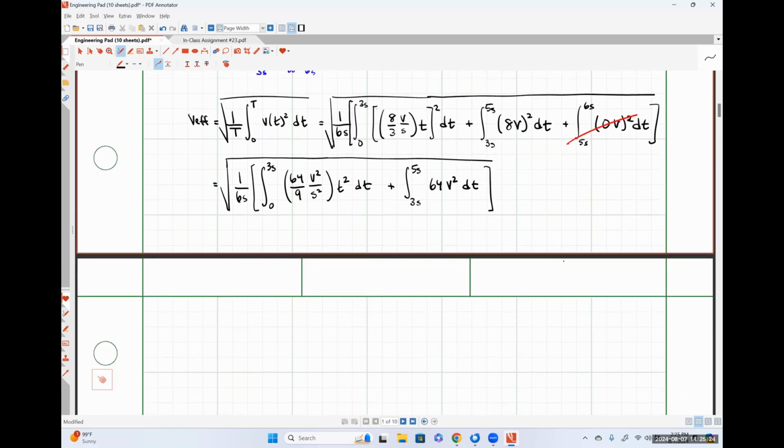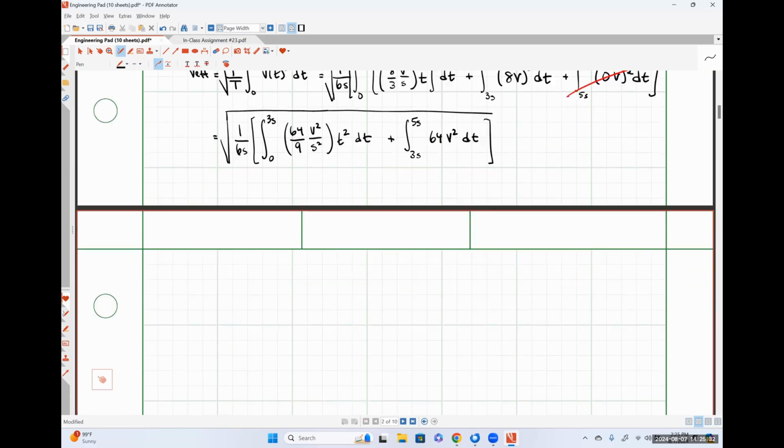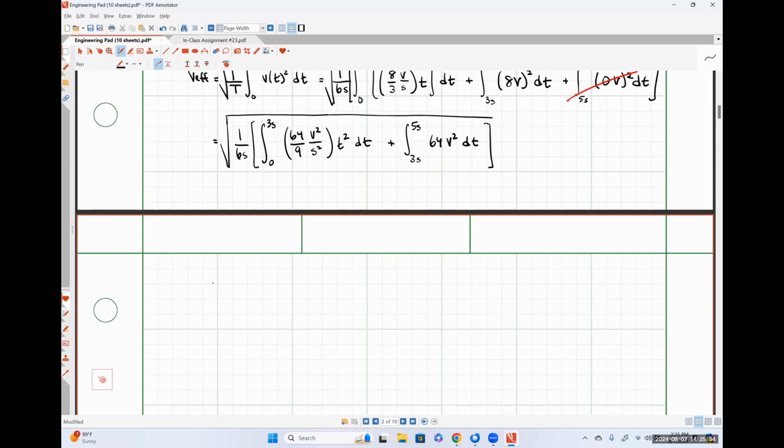All right, so let's continue just hashing this out. So square root of 1/6 seconds.